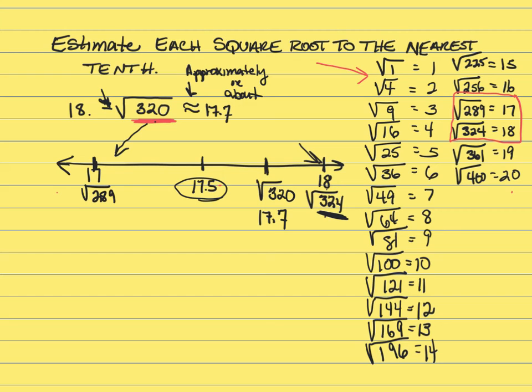But it's just a guess. When it says estimate, it's just a guess. I could have said that it was 17.8. It's almost 17.8, 17.7, somewhere around in there. It's not asking for an accurate number. It's asking for a really good guess. And this is acceptable. And everybody's not going to have the same number. It just has to be close.